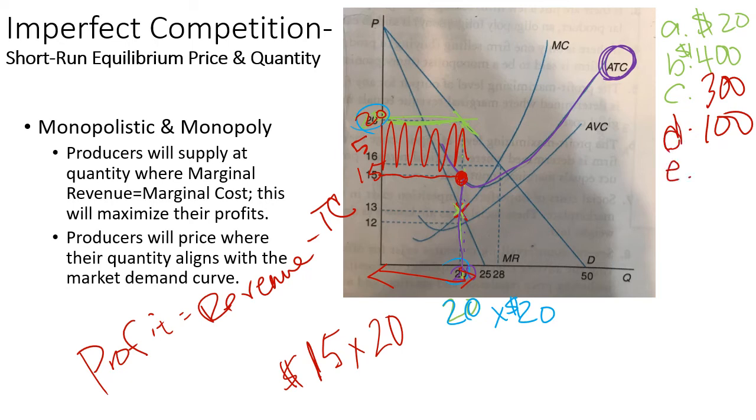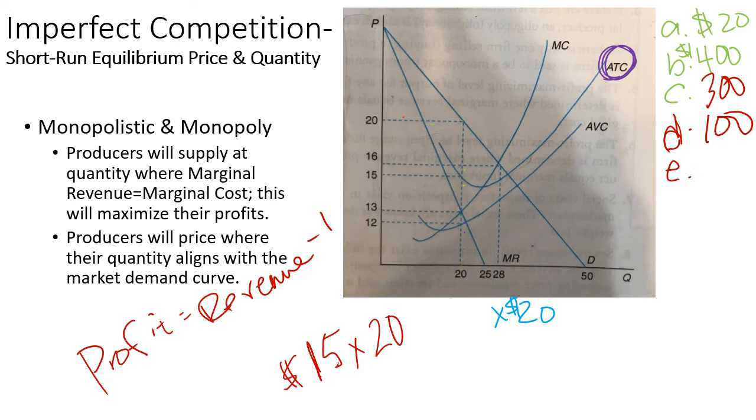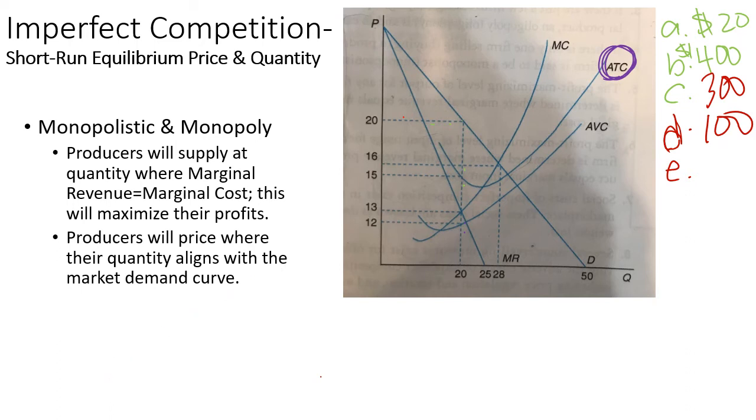E says calculate the total variable cost and fixed costs of the monopolist at the profit maximizing output. Okay, I'm going to erase some of this. We already know that our profit maximizing output is 20.